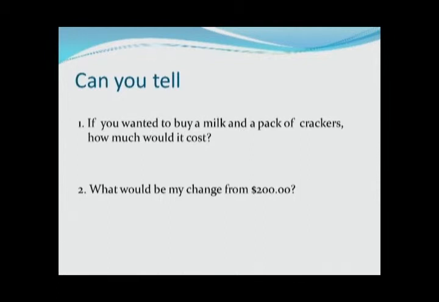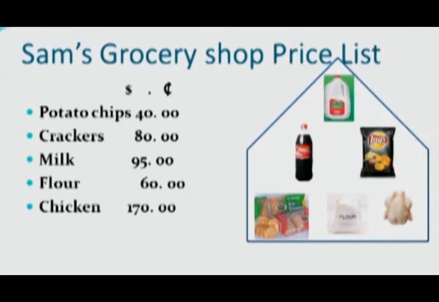Let's move on to the question. If you wanted to buy a milk and a pack of crackers, how much would it cost? Let's look at the price list again. The milk costs $95 and the crackers $80, so the total cost for those things would be $175.